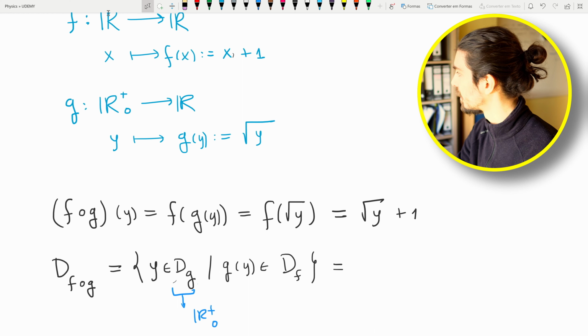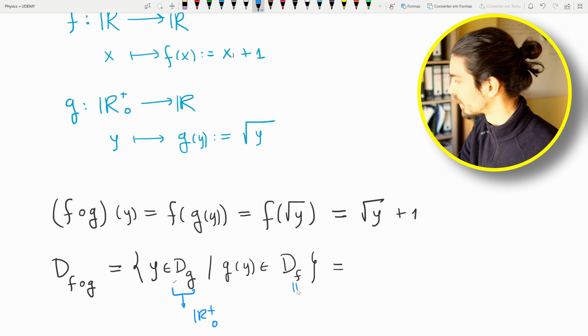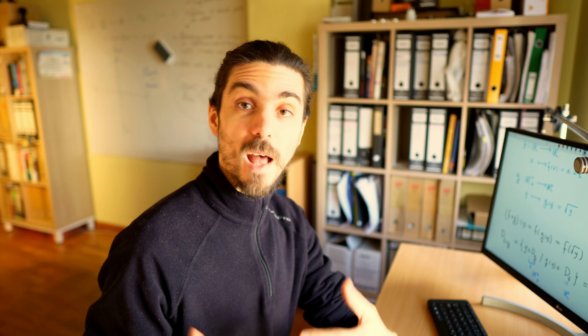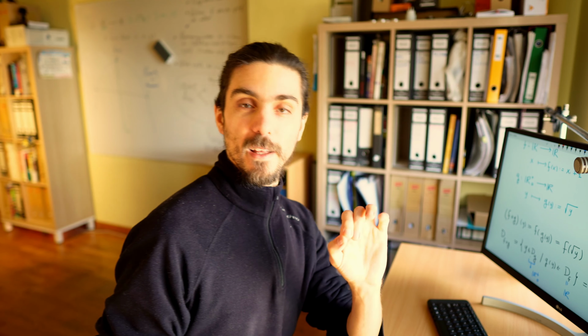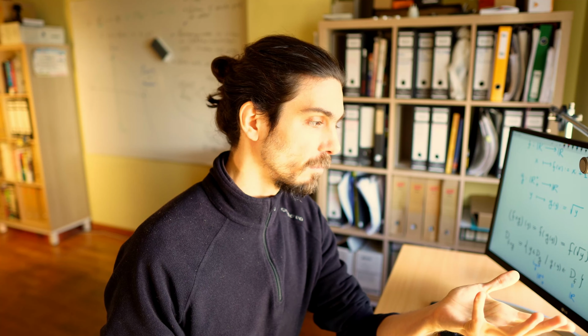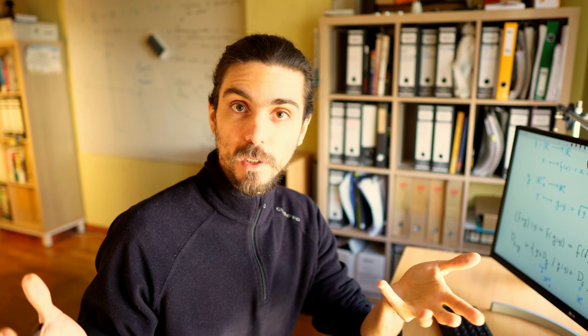And the domain of f, it's here, it's all reals. So this is all reals. And now we have a set to compute. Specifically, this set is given as follows. It's all y's belonging to positives or 0, as long as the square root of y lives in R. If you look carefully, for every positive y, including 0, well, the square root of it is always a real number.